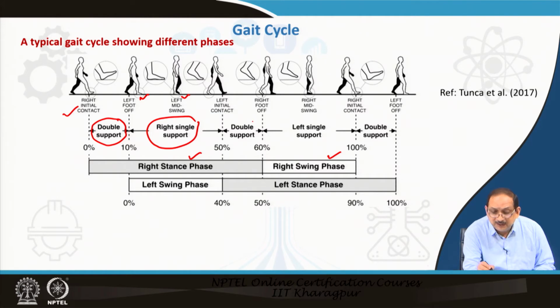It is followed by a double support phase, where again both the legs are in contact. Up to 60%, the cycle is in the stance phase.